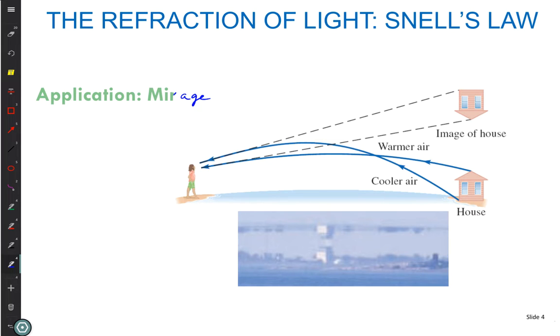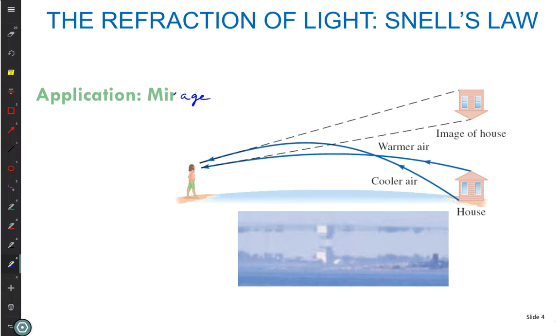In that case, you're going to have just the opposite. Light from the ground comes up and gets bent around and comes down. And so in that case, you can look off over the lake and see a sailboat sailing upside down in the sky. Is there really a sailboat upside down in the sky? Sure there is, right? No. What you're seeing is light from the lake coming up, refracting, and coming back down to you.